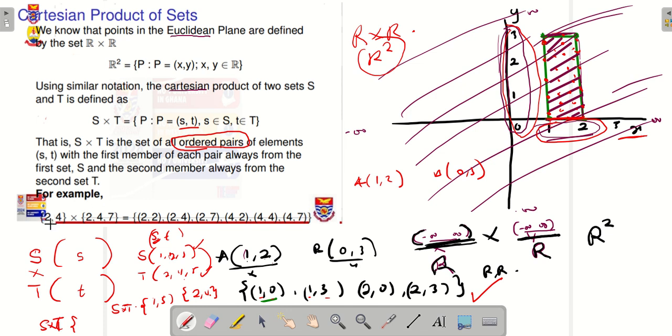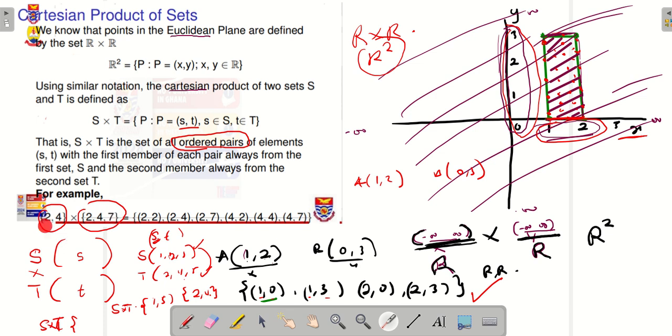An example is the set {2, 4} cross {2, 4, 7}. You realize that we pick the first value 2 and pair it with the first value in the second set. Then that same first value pairs with the second one, and the third one.